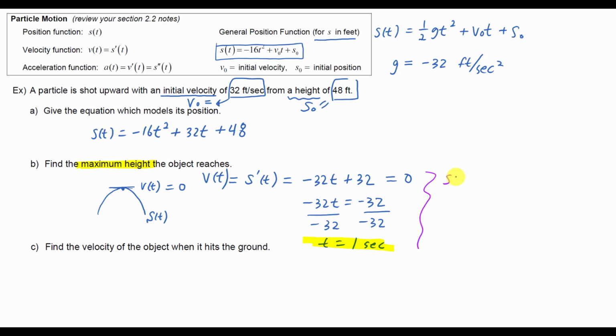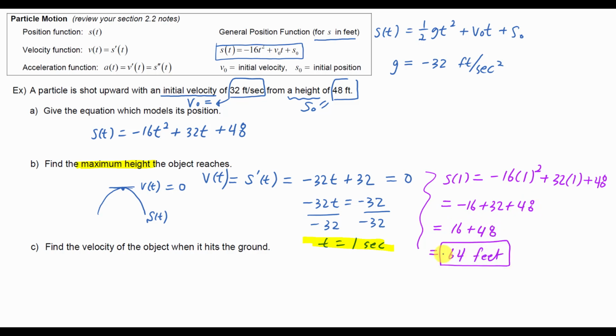So s of 1 is equal to negative 16 times 1 squared plus 32 times 1 plus 48, which is negative 16 plus 32 plus 48, which is 16 plus 48, which is 64 feet. So your maximum height is 64 feet.